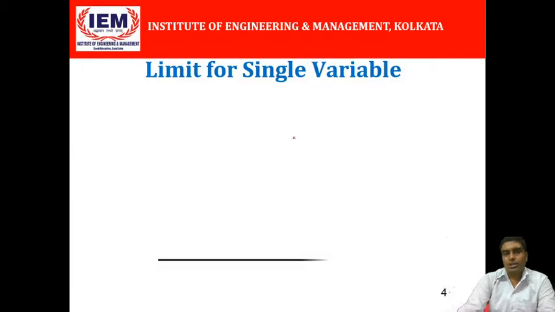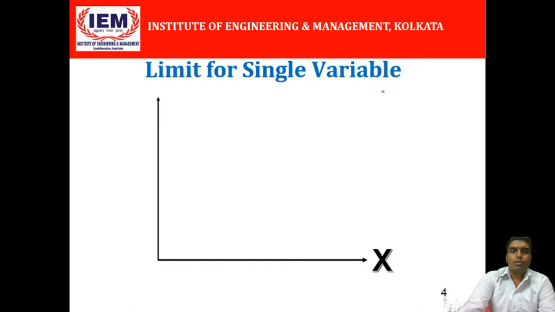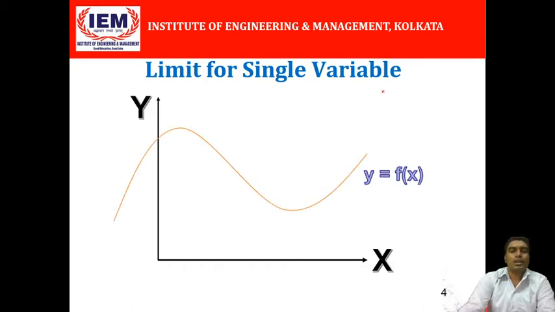Let me recap what the limit of a single variable is. Let's say we have the x and y axes, and one function, y equal to f(x). If I want to find the limit at some point, let's say a, I have to see whether the limit exists at this point.